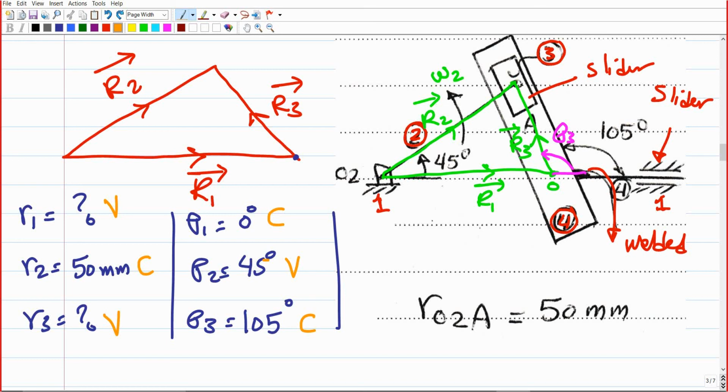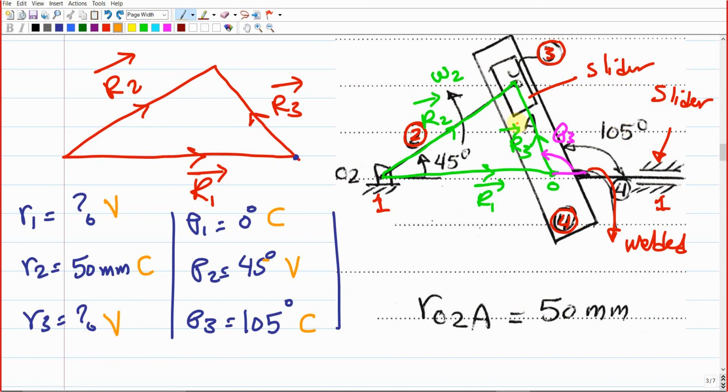Between R2 and R3, will it change? Yes, this angle will change, but this one not. This link R3 moves in the same orientation. It is like you're going to draw another one.